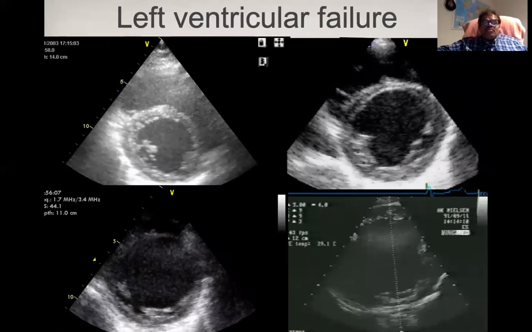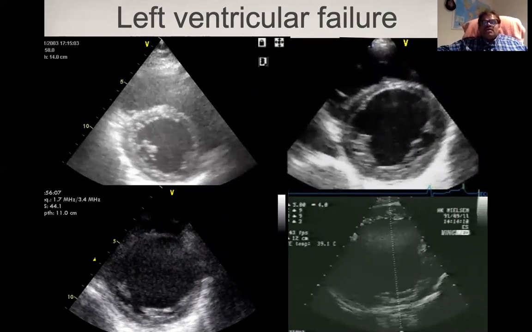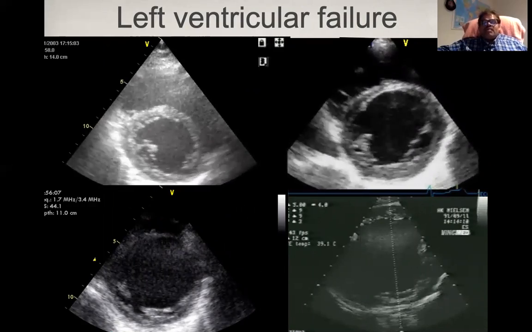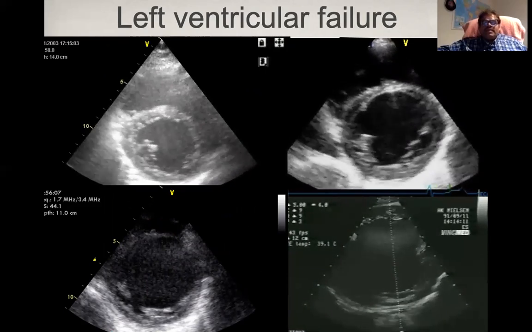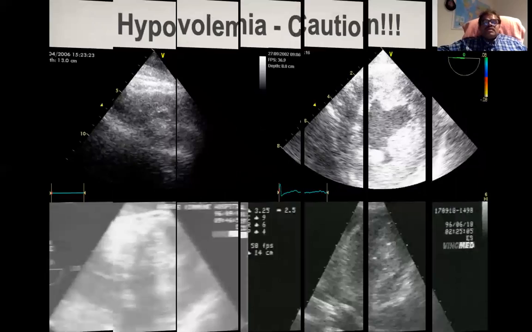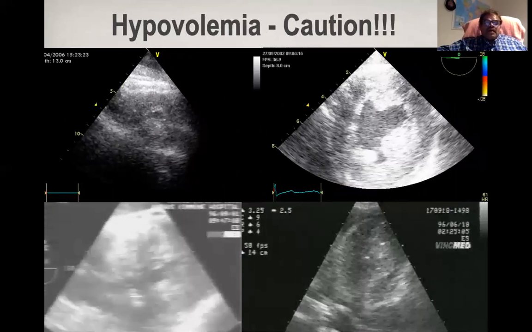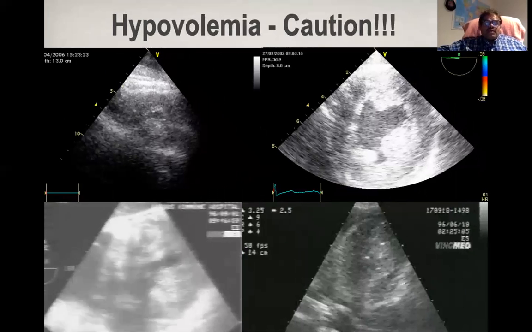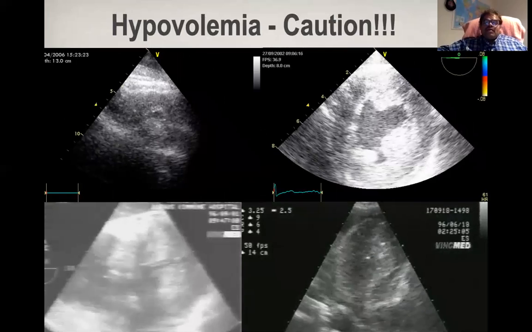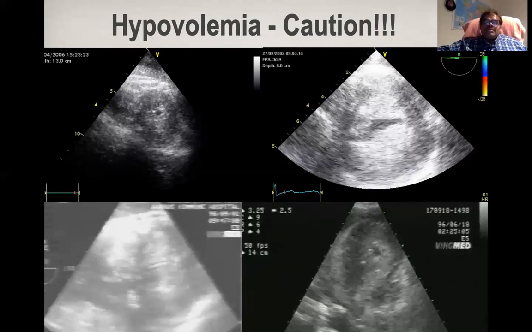You can see how the ultrasound images give you an idea about the left ventricle when it is in failure. There is almost no movement in the left ventricle, and there is no thickening. On the other extreme, you can see extreme contractility and extreme thickening of the left ventricle. It is usually seen in left ventricle hypertrophy as well as in hypovolemia.